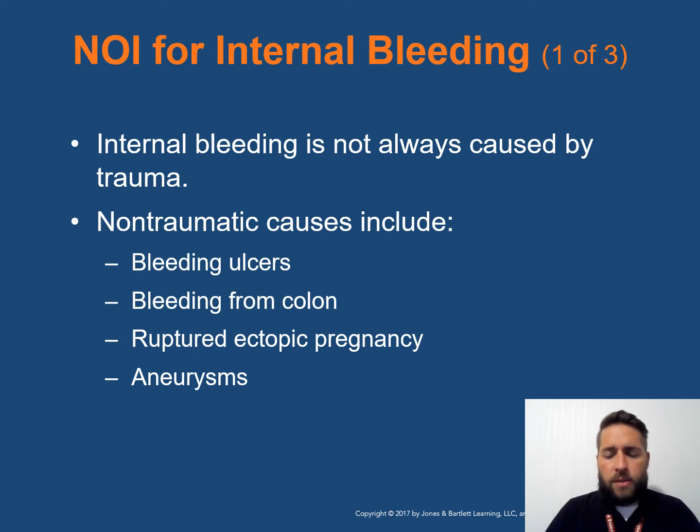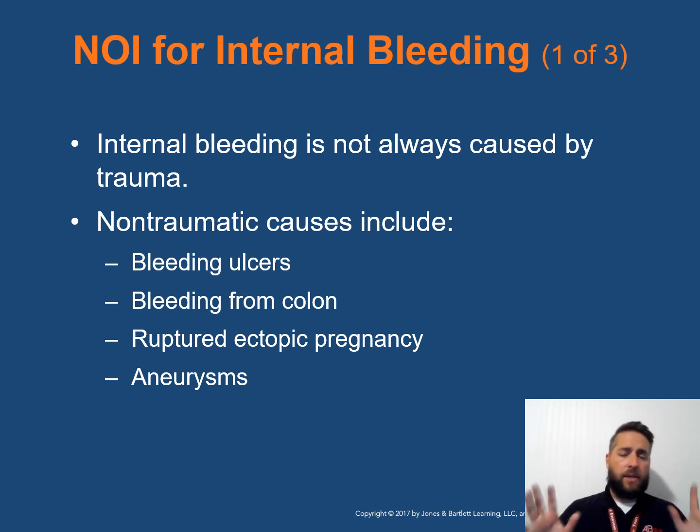Ectopic means outside of the norm, so outside of the uterus. It could be outside of the fallopian tube, but typically it attaches to the fallopian tube. And that can cause a tremendous amount of pain and a tremendous amount of blood.